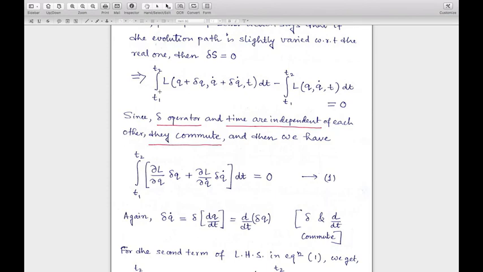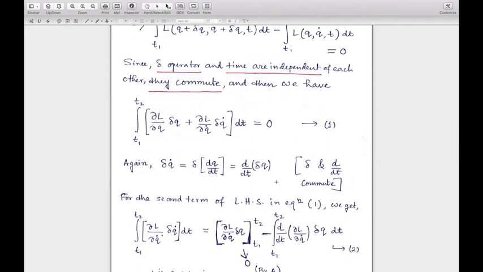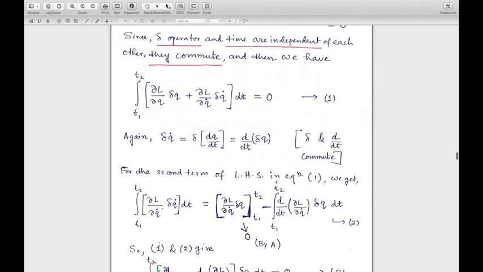The L of q, q dot, t terms vanish because there is one plus and one minus, and the terms remaining are del L del q delta q plus del L del q dot delta q dot, times dt, integrated from t1 to t2, which will be 0. So that is the condition for stationary action.